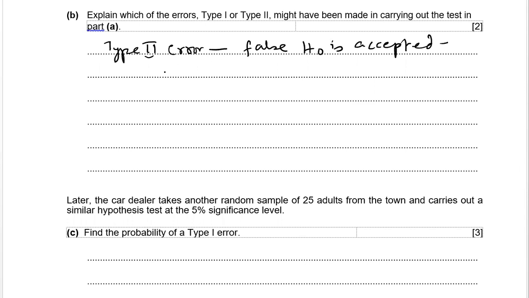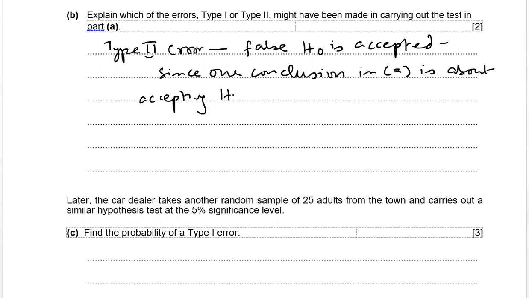Right? So since our conclusion in the previous part, in part A, is about accepting H naught, a type 2 error might have occurred.